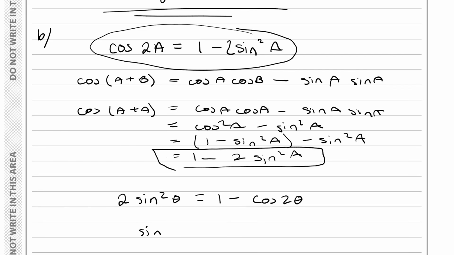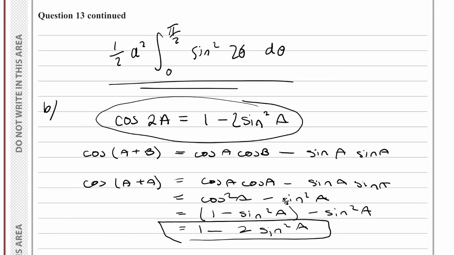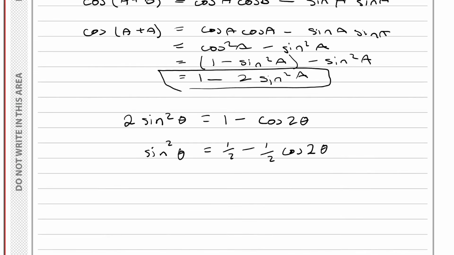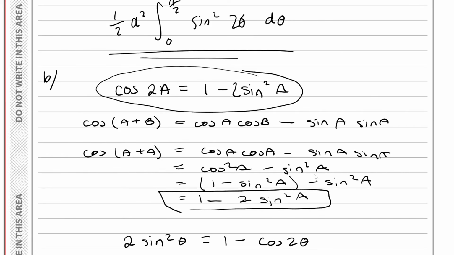So sine squared theta can be written as half minus half cos 2 theta. So we want to integrate sine squared 2 theta. So sine squared 2 theta is half minus half of cos 4 theta. So we're ready to integrate now.